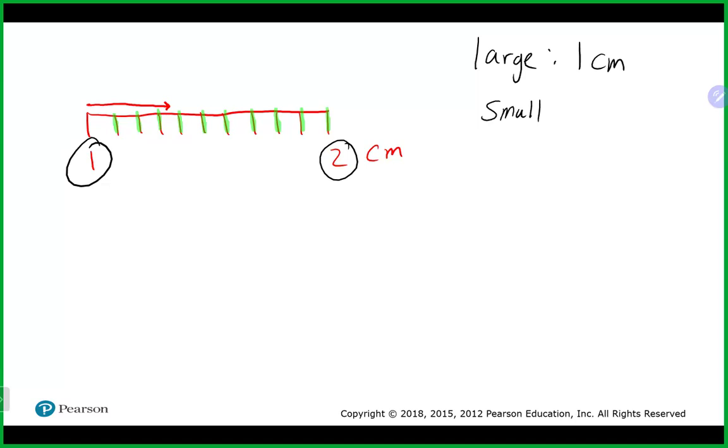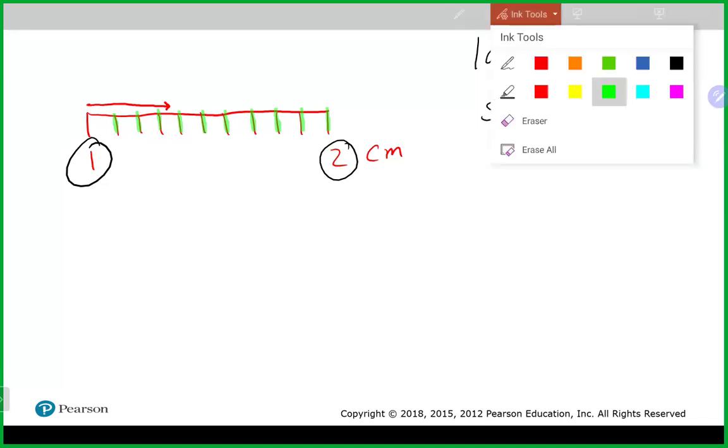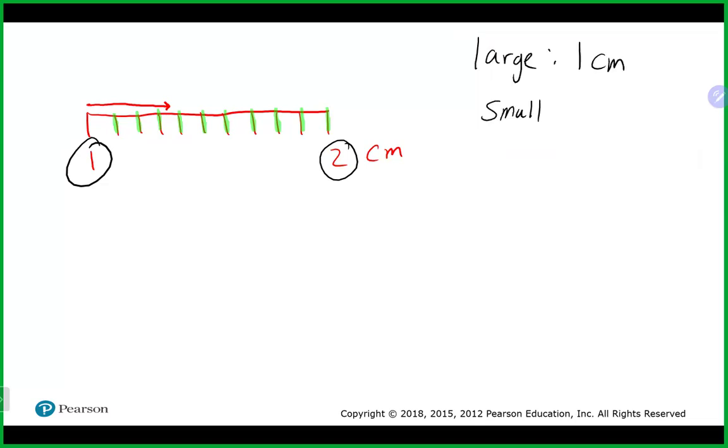So we have 10 small markings between our large markings representing 1 centimeter. That means each small marking represents 0.1 centimeters.